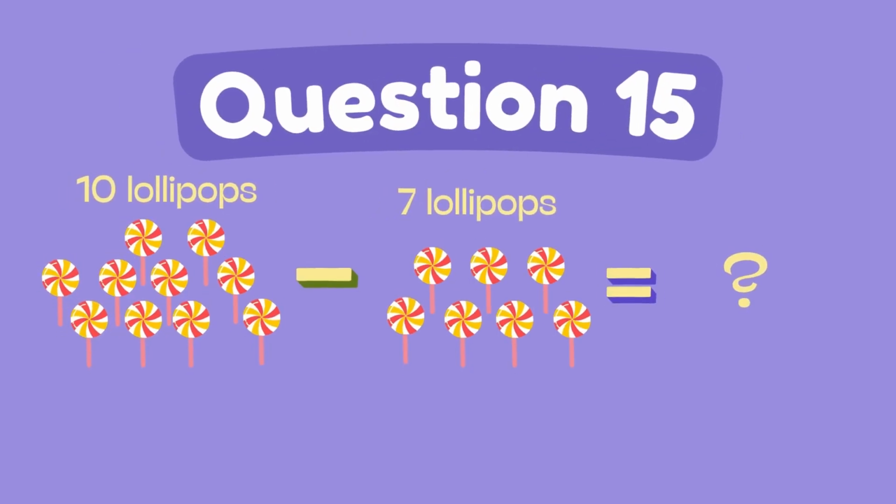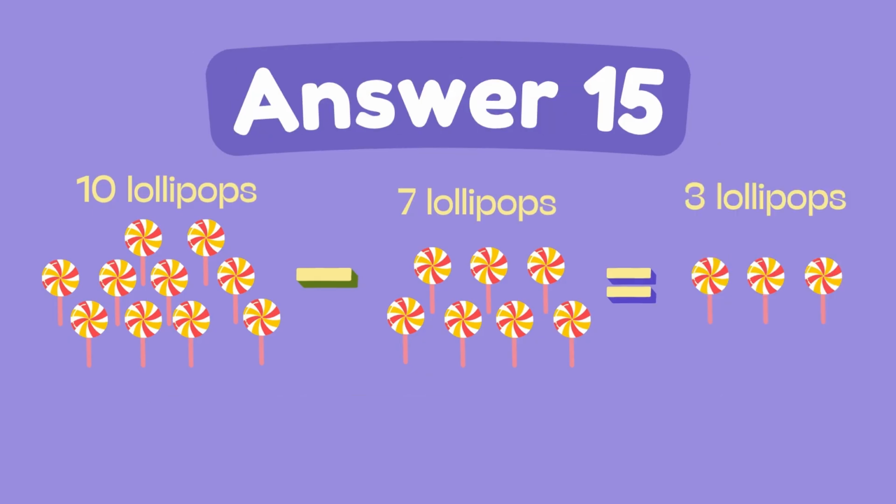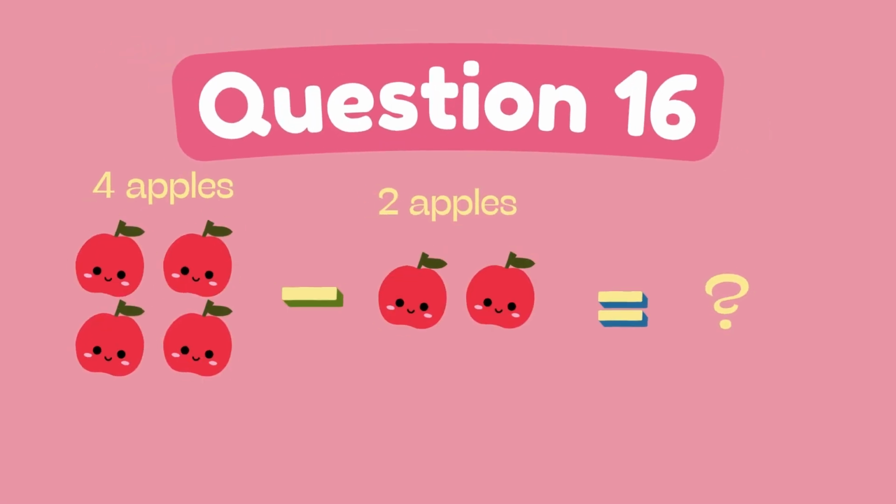What is 10 minus 7? The answer is 3. What is 4 minus 2?